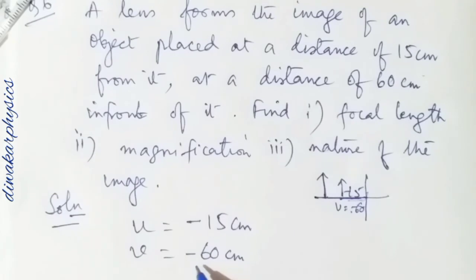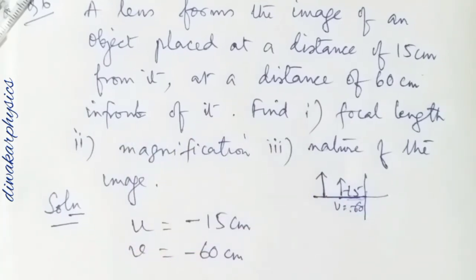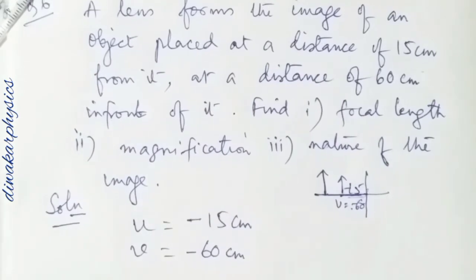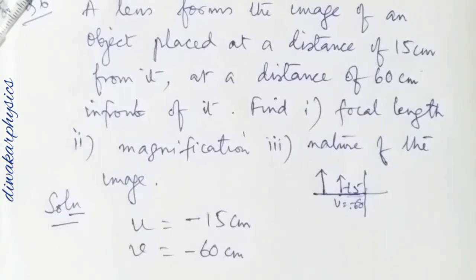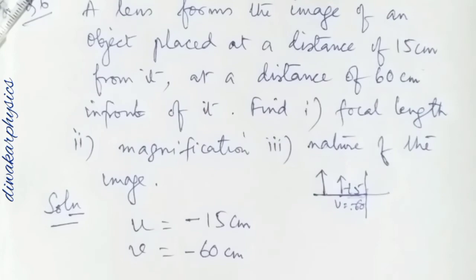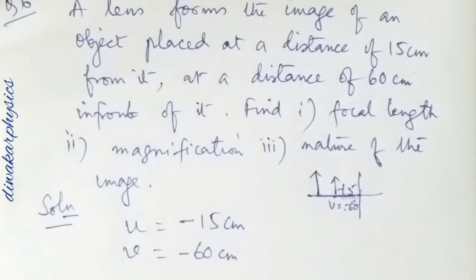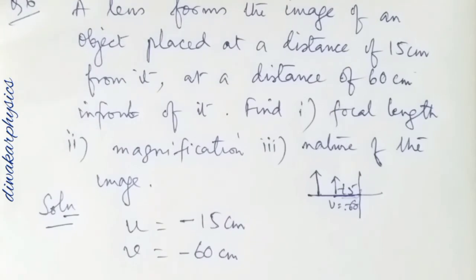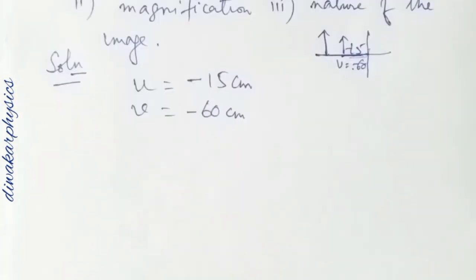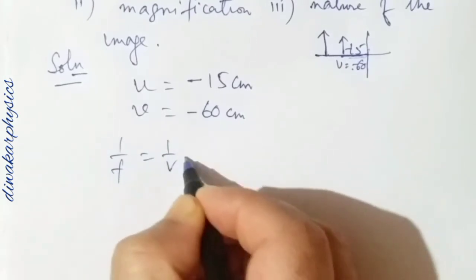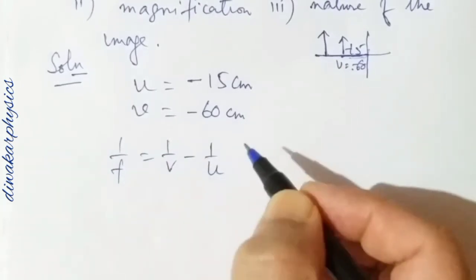That's why, in front of it, minus is written, the same side of the lens. Okay, then find the focal length. So we have u and v, so we can easily find the focal length using u and v. So we'll use the formula 1 by f is equal to 1 by v minus 1 by u.